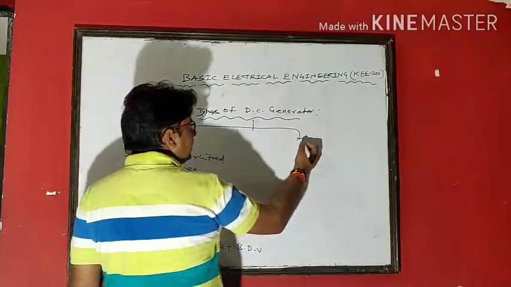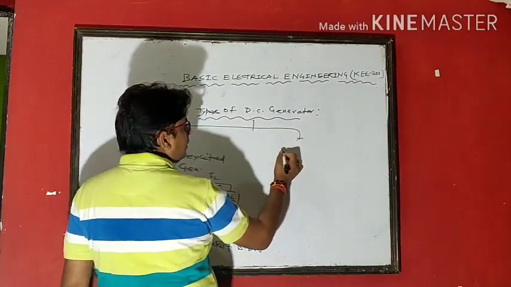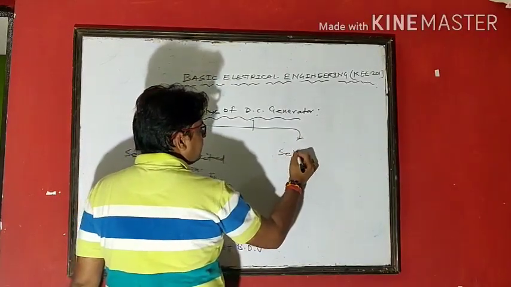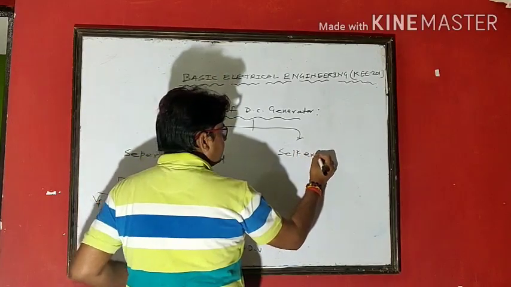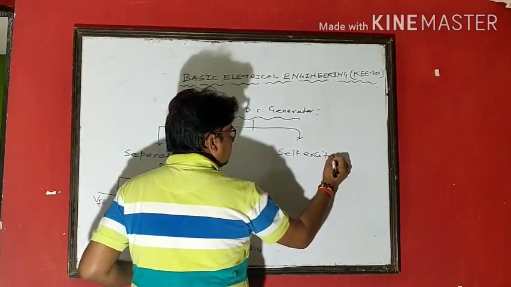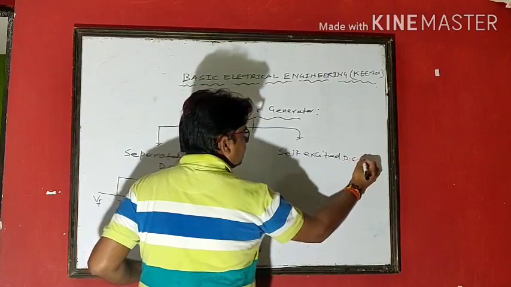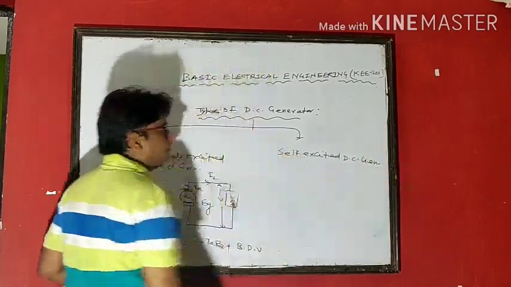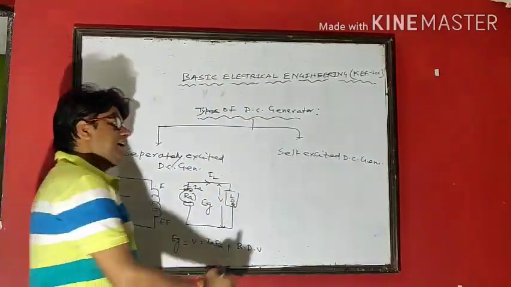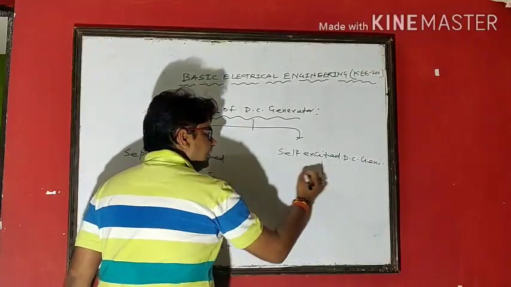Next, second one is self-excited DC generator. There are three types of self-excited DC generator.